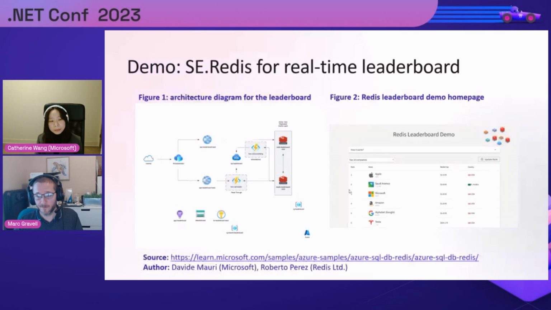This example is written by our colleague David and our business partner from Redis, Roberto, about a real-time leaderboard on the stock market. And here's a full implementation, an architectural view of everything, calling into Redis Cache for getting the updated information.